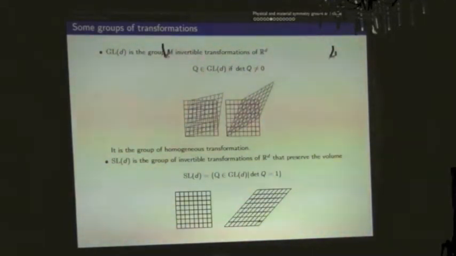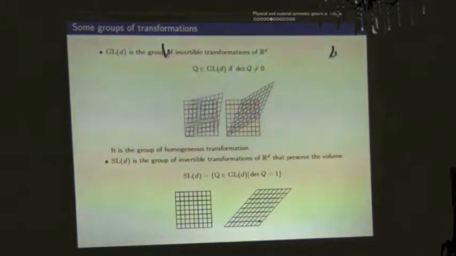GL is the general linear group. It's a group of matrices. If we are in D dimensions, it will be square D by D matrices, with the only restriction to define a non-singular transformation. Non-singular transformation simply means that the determinant of your transformation is not equal to 0.